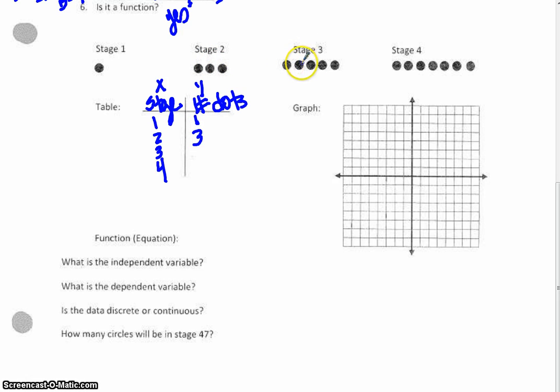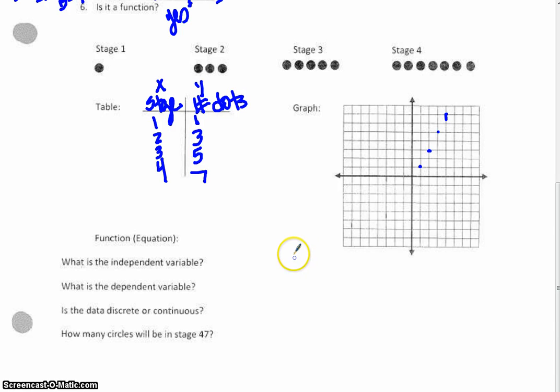Stage 3 we have 1, 2, 3, 4, 5 dots. And at stage 4 we have 1, 2, 3, 4, 5, 6, 7. So then you would graph these points. You would go over 1, up 1, over 2, up 3, over 3, up 5, over 4, up 7.